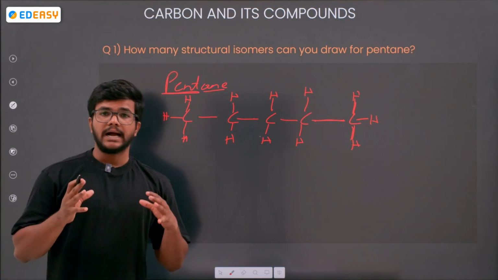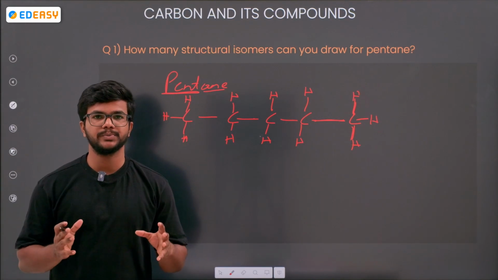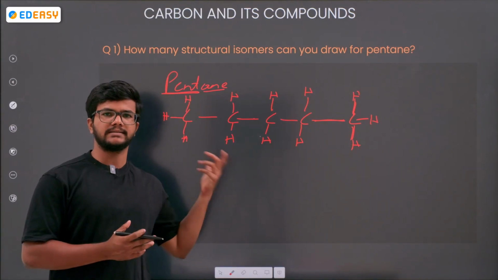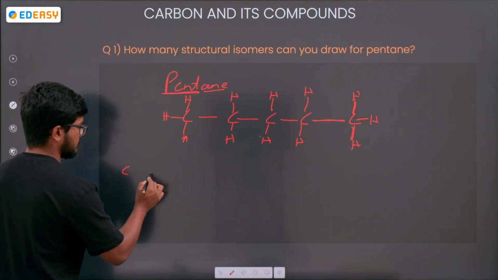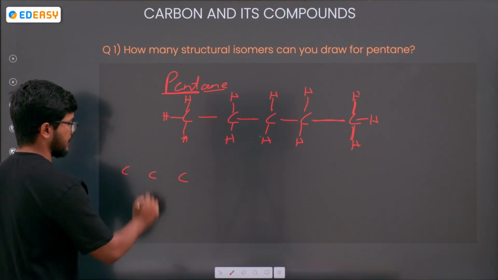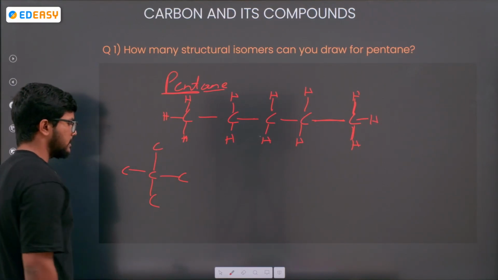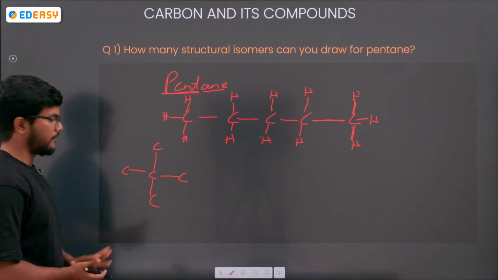Okay. Structural isomers of pentane. What are isomers? Same molecular formula but different in structure. So how can we write this? Just write the chain 1, 2, 3. And for this we can keep one carbon with a single bond. So it is a different structure. We have 1, 2, 3, 4, 5 carbons.